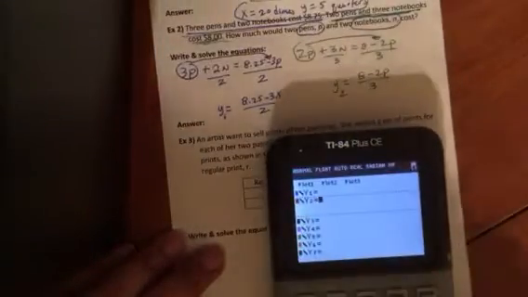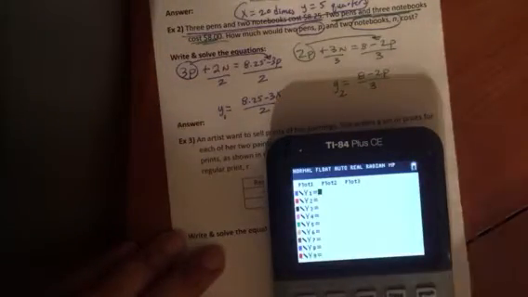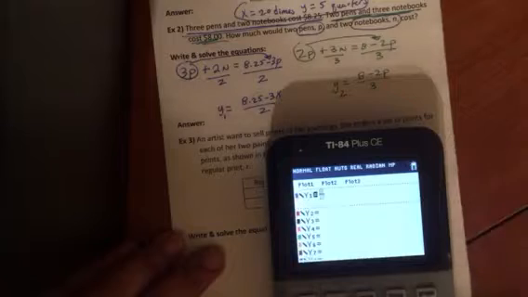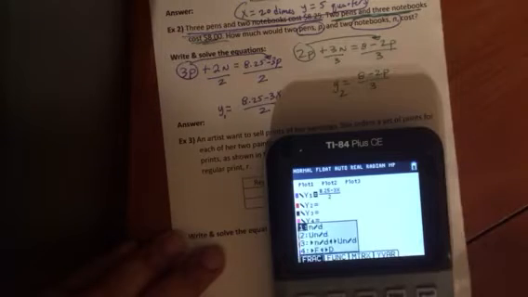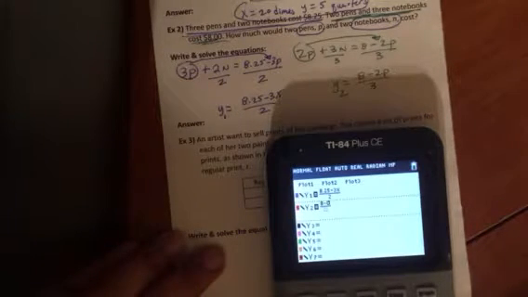So I'm going to go to my calculator and I'm going to type in 8.25 minus 3x over 2, and then I'm going to type in 8 minus 2x over 3.